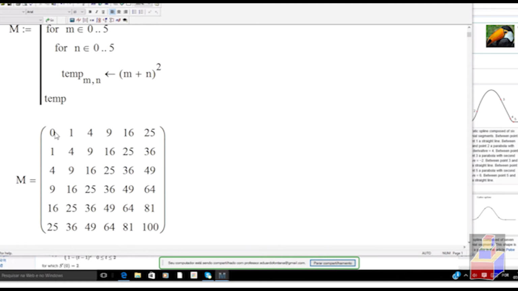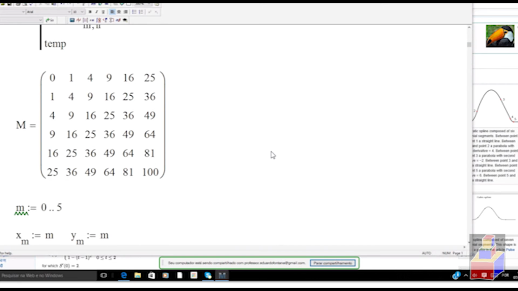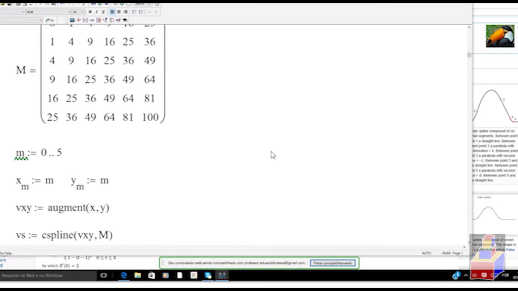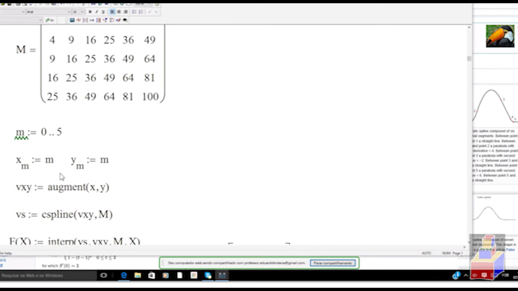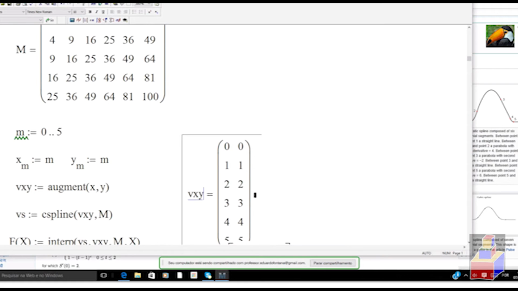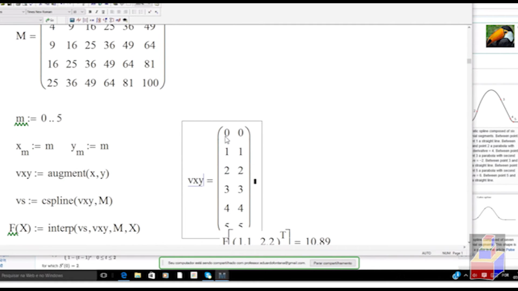So n goes from 0 to 5, and m also goes from 0 to 5. x is a vector, y is a vector, having the x values. So we have this vxy, as I told you, the x values and y values.